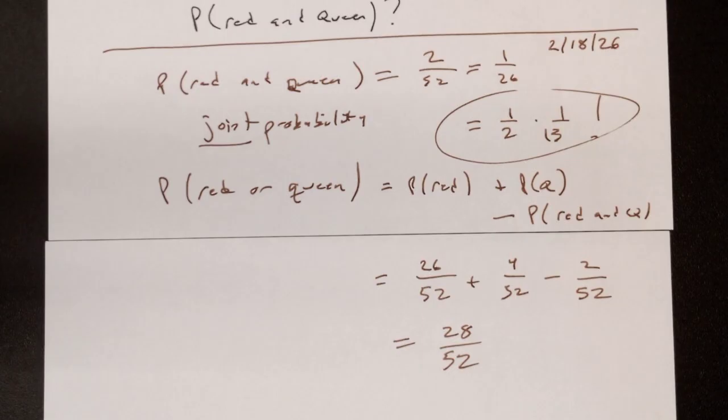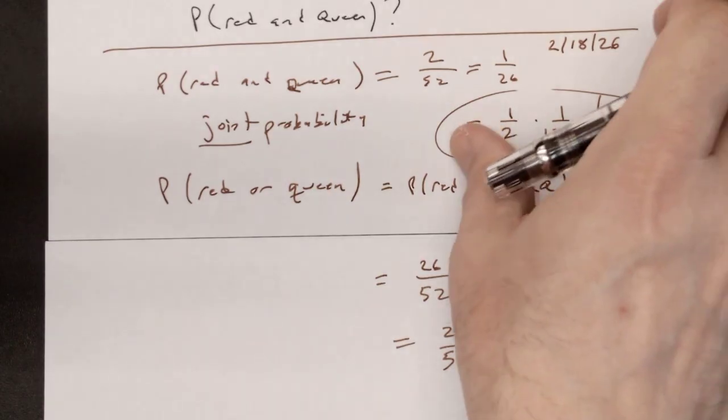So this idea of, I double counted something, so I need to throw it out once. I've included it twice. I need to exclude it, so I really only count it once. That's actually what this result is referred to as, the inclusion-exclusion principle.